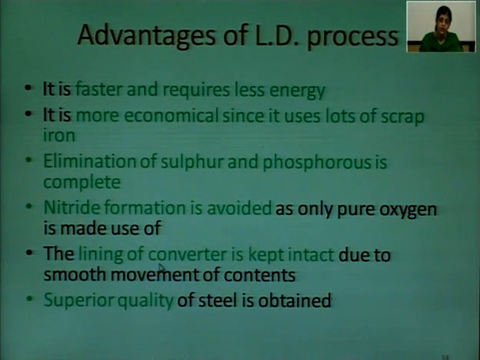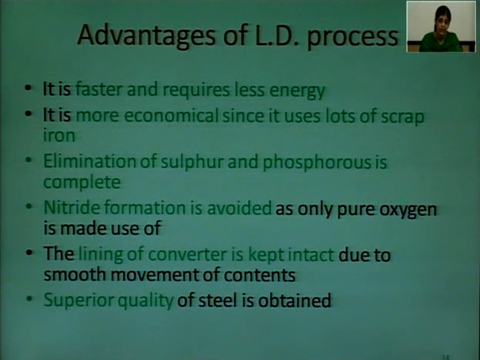The lining of the converter is kept intact due to smooth movement of the contents. The lining doesn't get destroyed, and the quality of steel obtained is superior compared to the open hearth process. The LD process is the latest process for manufacturing steel.